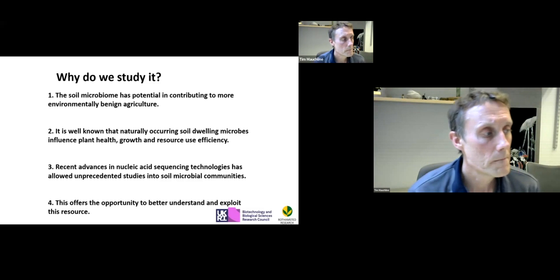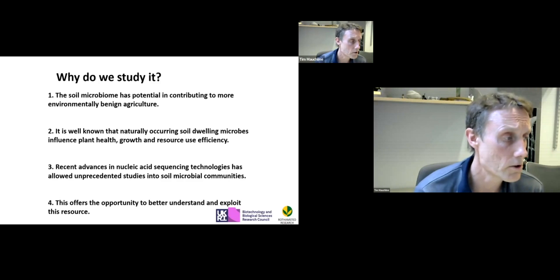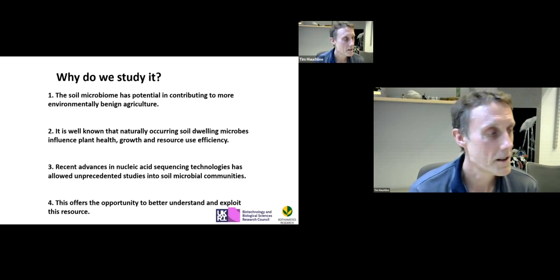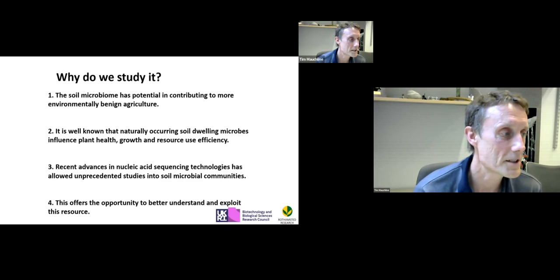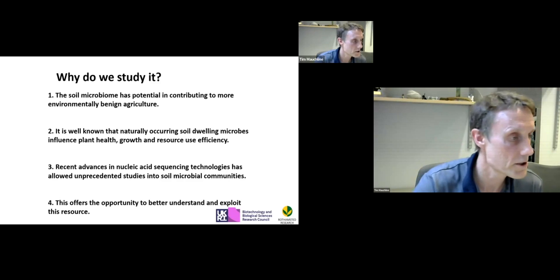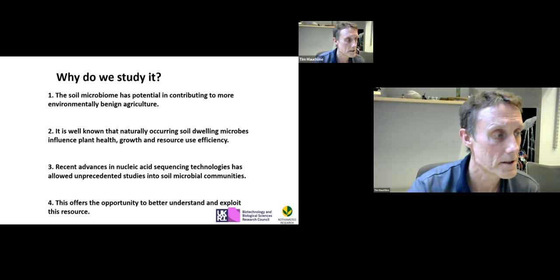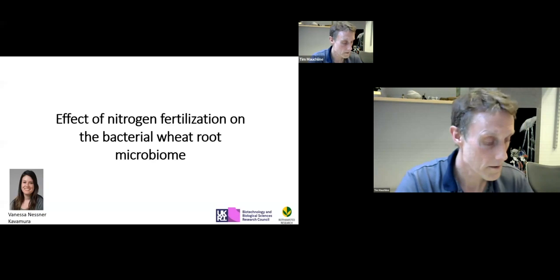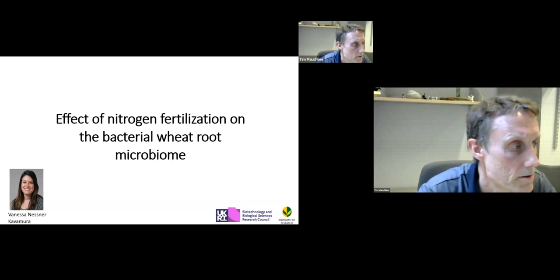We feel that using recent advances in nucleic acid sequencing technologies, we can start unearthing these microbes and elucidating their functions, and together that would give an opportunity to better understand and exploit this resource.